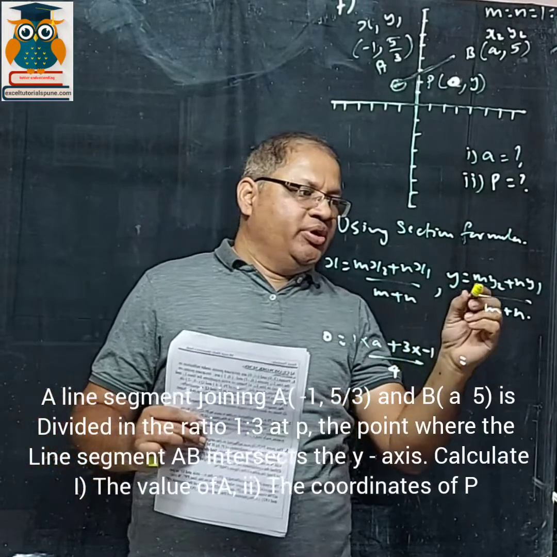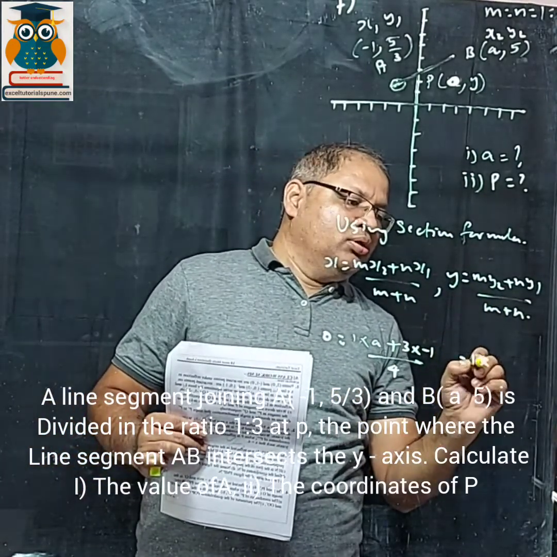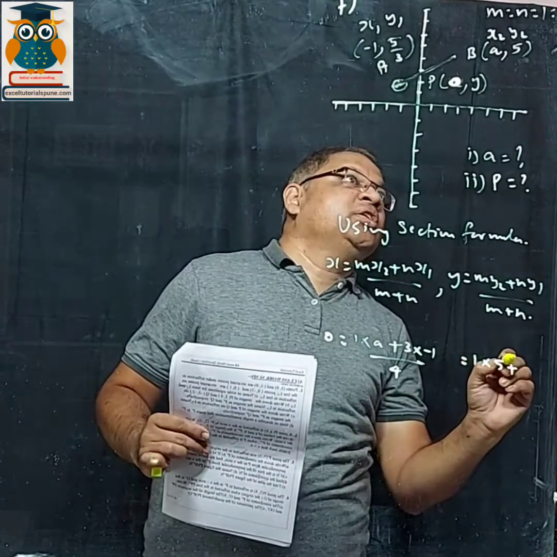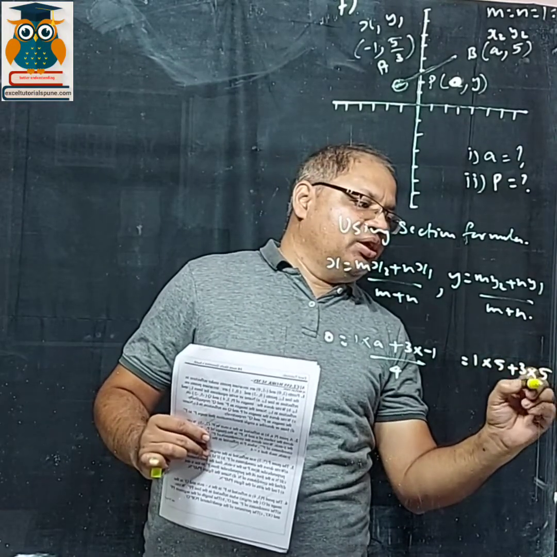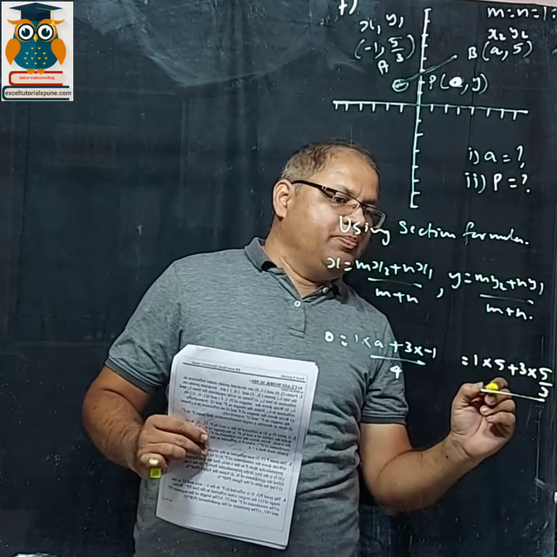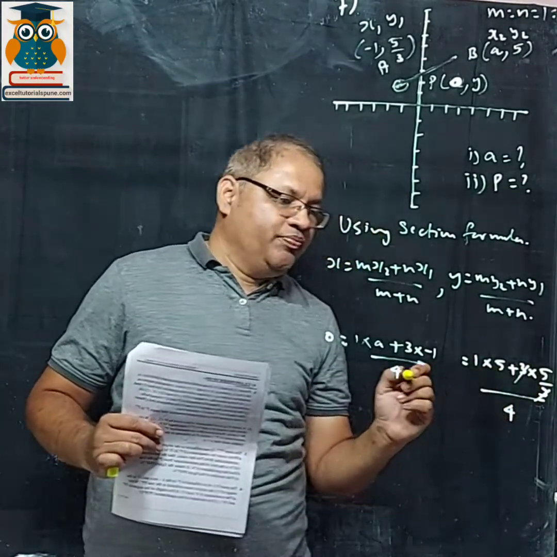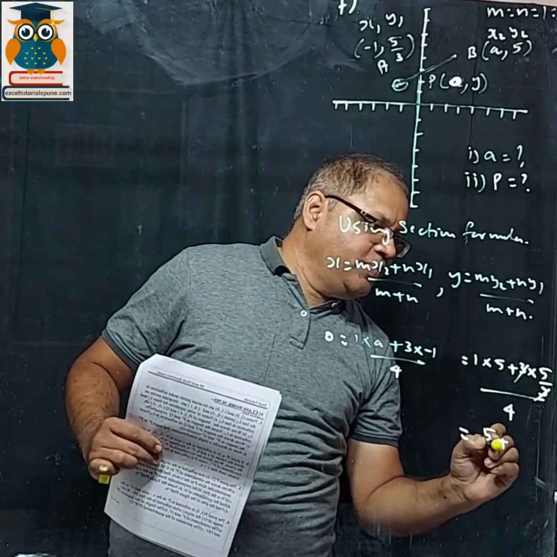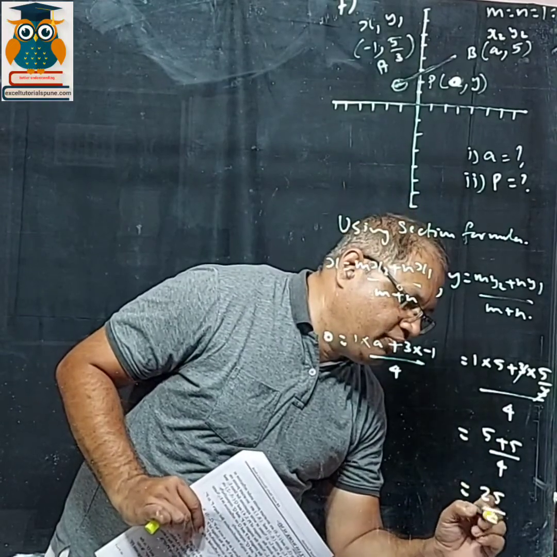So like that. And over here m is 1 into y2. y2 is 5, plus n is 3 into y1. y1 is 5 by 3, upon m plus n, that is 4. This 3 gets cancelled. So this will be 5 plus 5 upon 4, 25 upon 4.